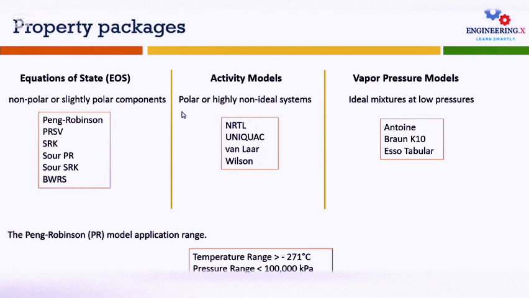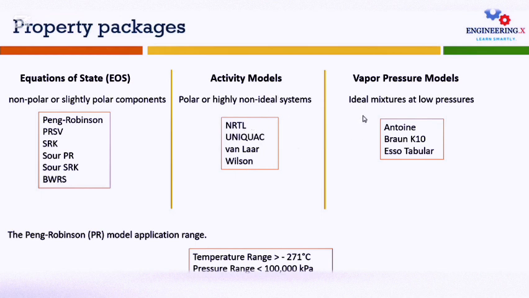But on the other hand, if you are dealing with polar components or your system is highly non-ideal, then you should choose one of the property packages from the activity models like NRTL, which stands for non-random two liquid model.